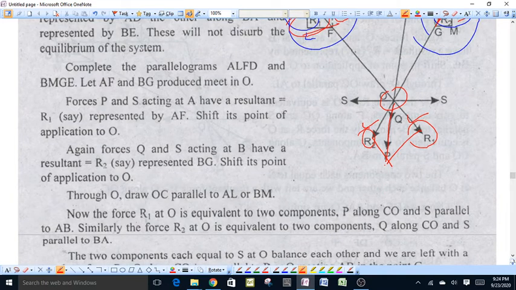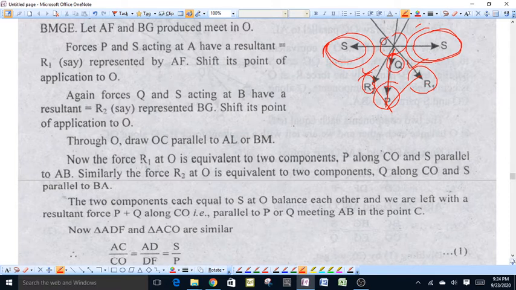We can resolve this R1 and R2 into two forces. We can resolve R1 into two forces, one S in the horizontal direction and the other component P acting at point O. Similarly, R2 can be resolved into two components, S and Q acting at point O. Now this S will cancel this S, because the magnitudes of these two forces are equal but the directions are opposite.